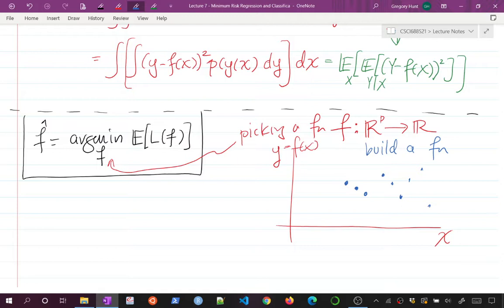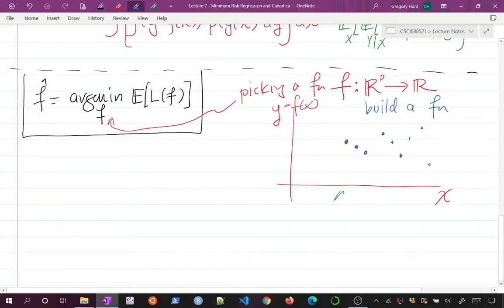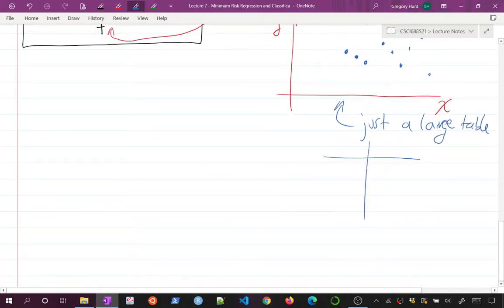Now, we can have nicer functions and not nice functions, and calculus talks a lot about that. But ultimately, picking a function is just a table. This is just a large table, and it says that for each value of x, I give you my f of x.